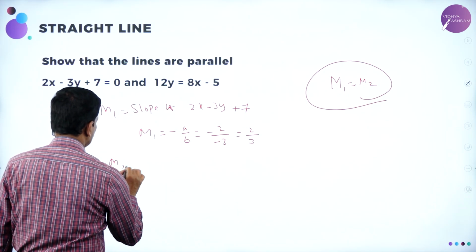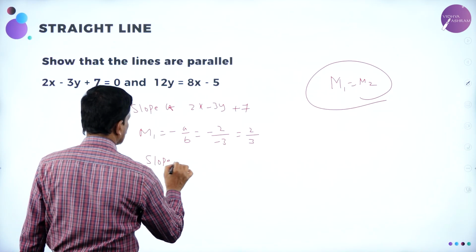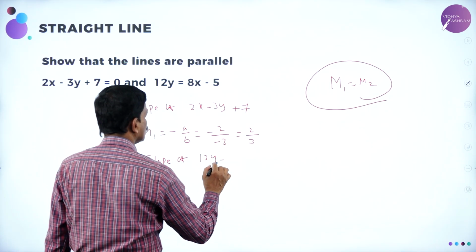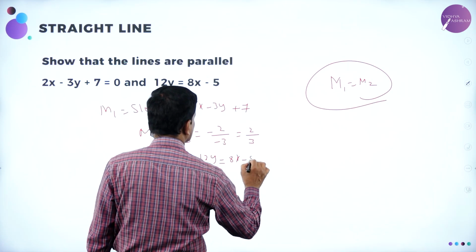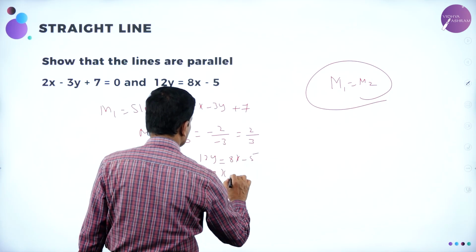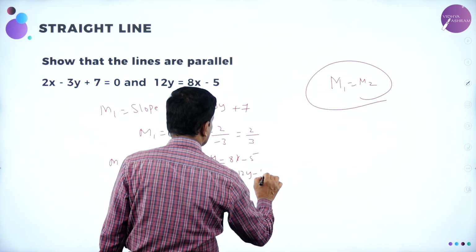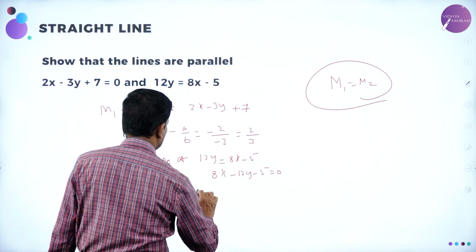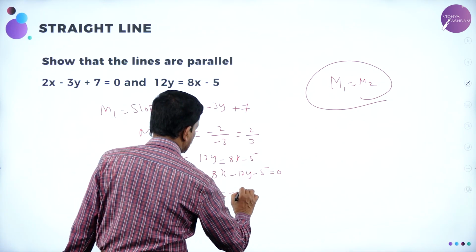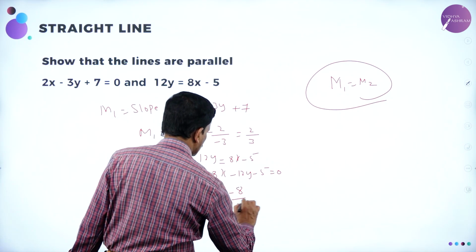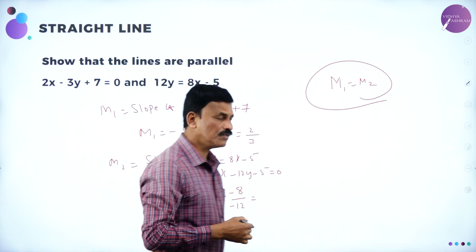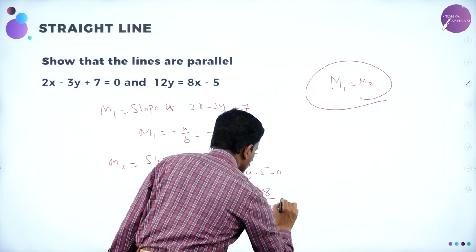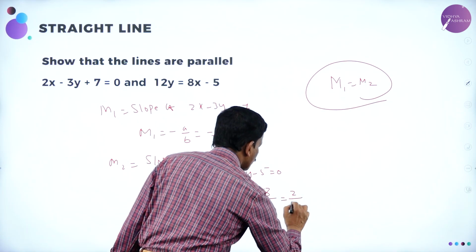Now let us take m2, the slope of the second line, 8x minus 12y minus 5 is equal to 0. Minus a by b, minus 8 divided by minus 12. Minus minus gets cancelled, 8 by 12. So 4 2s are 8, 4 3s are 12.